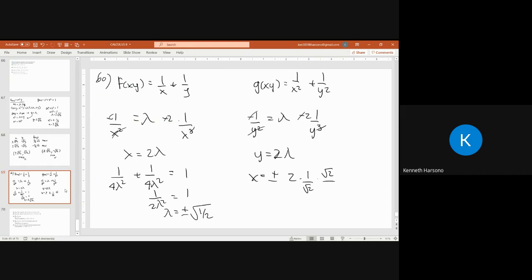We can normalize this one by multiplying with square root of 2 and square root of 2. So we can cancel this one, plus minus square root of 2. So y is also plus minus square root of 2.